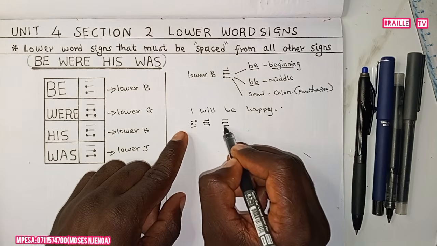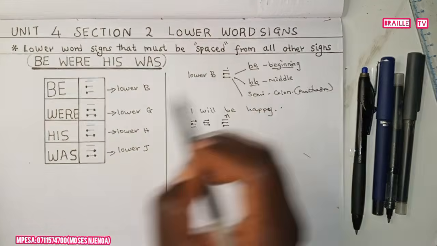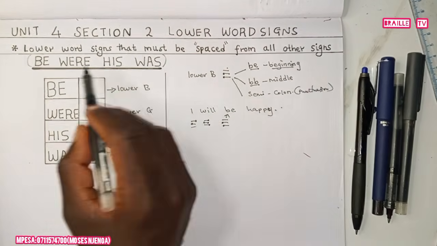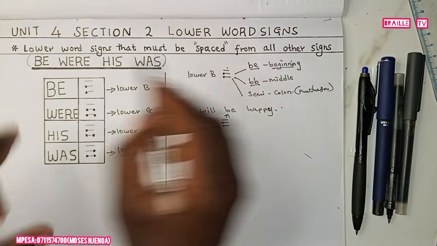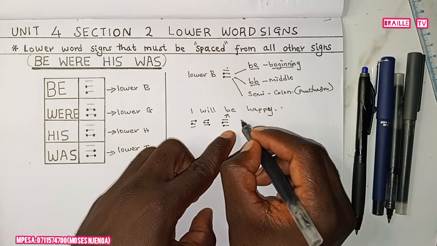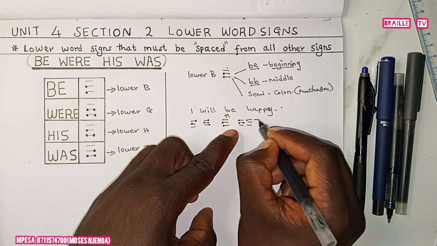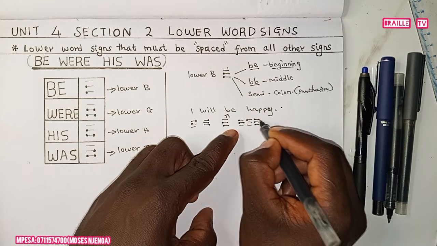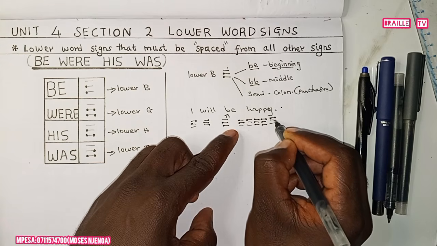So be you write as lower b standalone to mean this word, and that's why we call them word signs. Lower word signs must be spaced from all other signs, including the punctuation. Be happy. So for happy, you write letter h, then a, then p, then another p, then y.